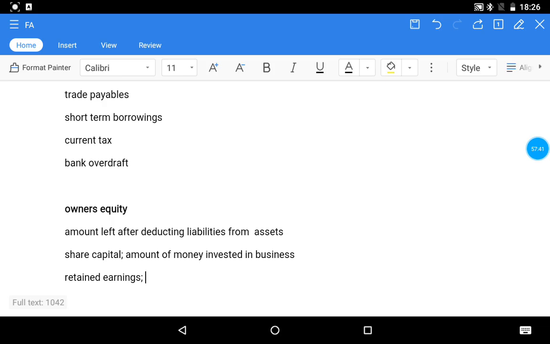In short, retained earnings is a profit reinvested in business.